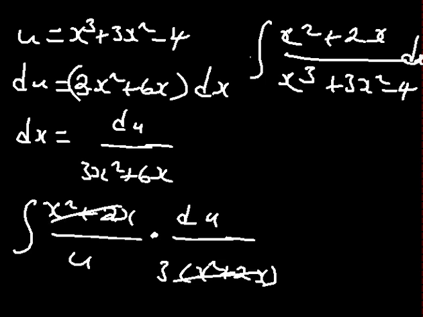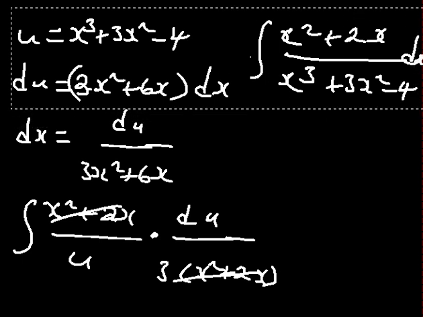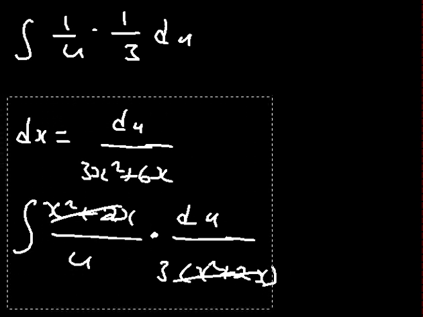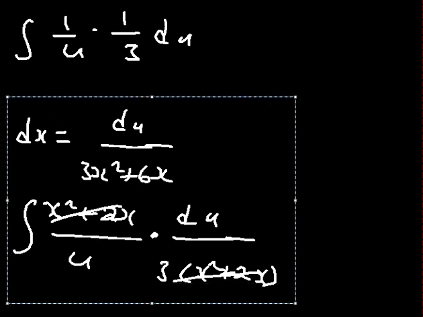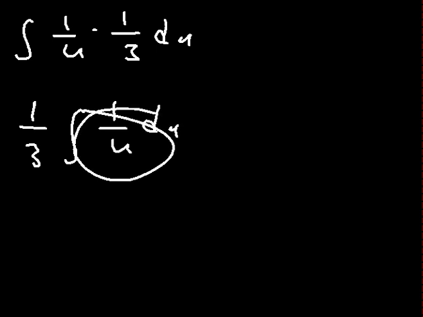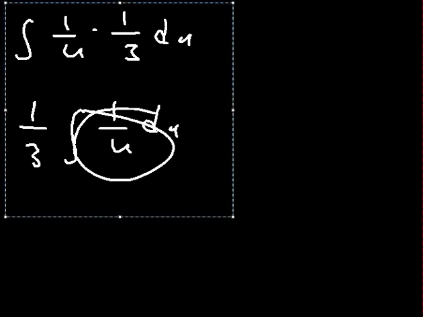Then we'll have this being cancelled, and thereafter we'll have the integral of 1 over u times 1 over 3 du. If that's the case, then we'll have 1/3 times the integral of 1 over u du. Now you can proceed from there. So take note of that.